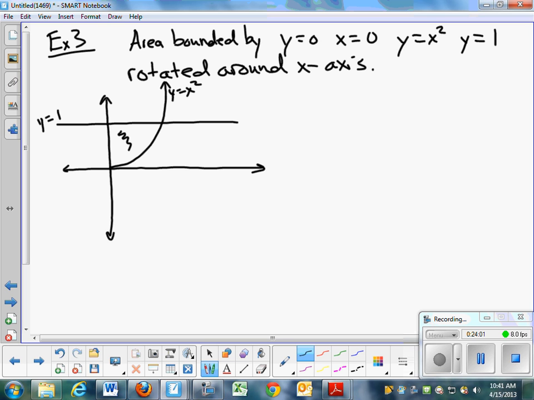So if I take this and rotate this around, I end up with like an anti-cone.